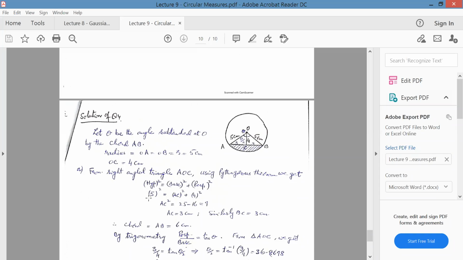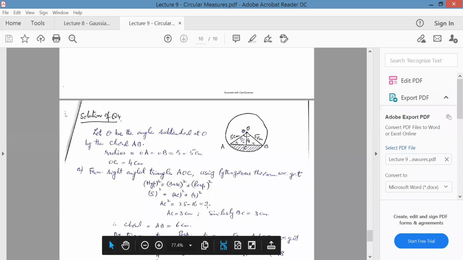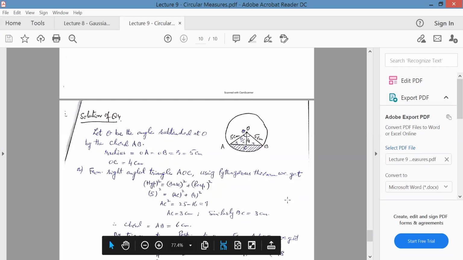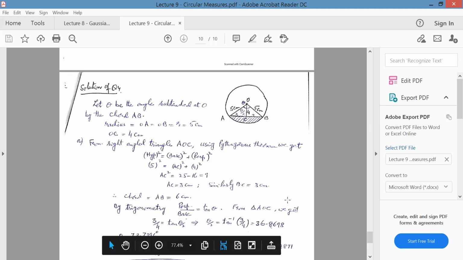When you simplify, this is 25, the square of 4 is 16, which goes to the other side as minus, so AC square will be 25 minus 16 equal to 9. AC will be equal to 3 centimeters. This AC distance is 3. Both are same, so BC will also be 3. The chord length from A to B is 6 centimeters. The length of the chord is 6 centimeters.